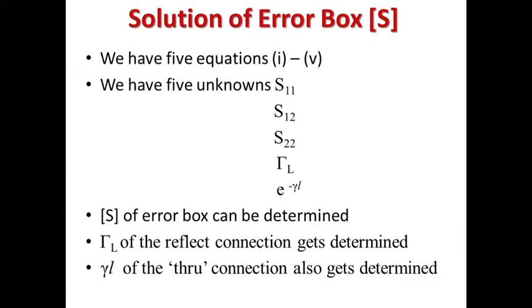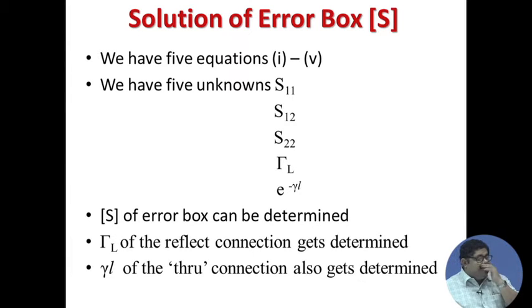I am not going into how to solve 5 unknowns, 5 equations by proper manipulation. That manipulation is a long one, but you can solve it. If you determine these 3, basically you are determining the complete S matrix of the error box. So, now you know the error boxes.